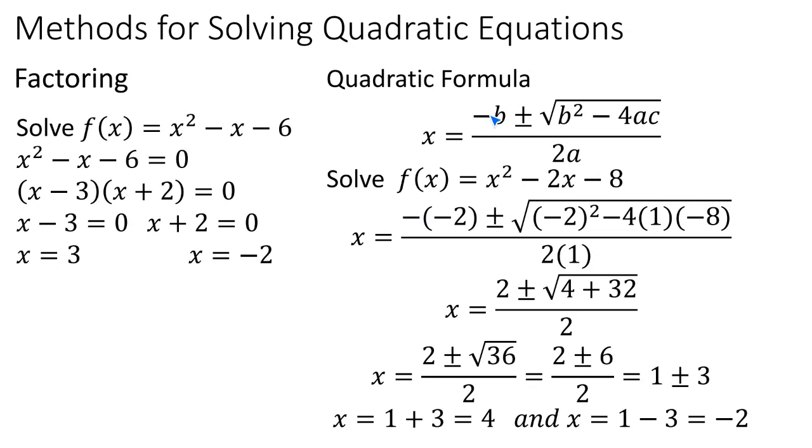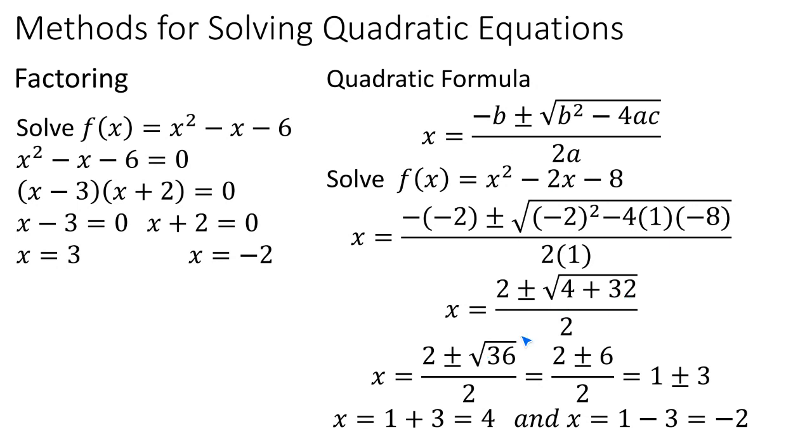So we have negative b. So we're going to have negative, and then b is a -2, and then plus or minus the square root of b squared, -2 squared, minus 4 times a. Remember, a is 1, and then our c is -8. So we simplify. Negative and negative is a +2. Negative squared is a +4, and -4 times 1 is -4 times a -8 is a +32.